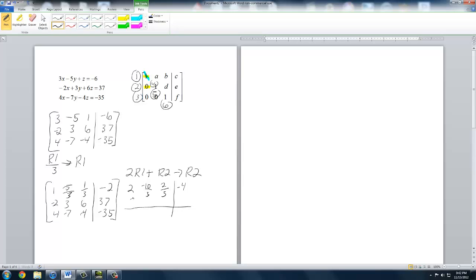And then this one's just copied down. This is row 2: negative 2, 3, 6, and 37. We add these up, we get 0. Negative 10 thirds plus 3 is negative 1 third. 2 thirds plus 6 is 20 thirds. Negative 4 plus 37 is 33, and that's our new row 2.